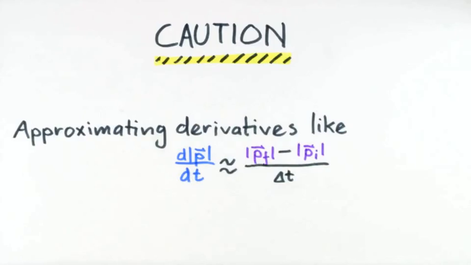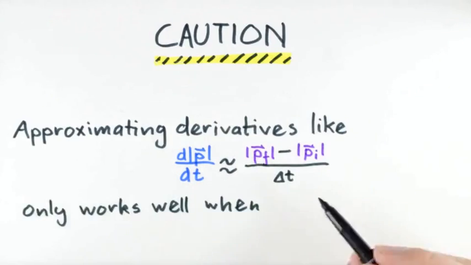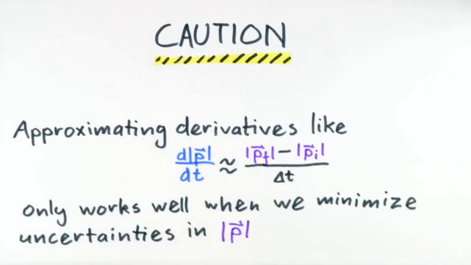Differences between quantities that are nearly identical are sensitive to uncertainties, so that if the observations have significant uncertainties, then our estimates of derivatives, which are done approximately by the delta of that quantity divided by delta t, may not be very good. In this problem, we used synthetic data that was carefully generated to minimize uncertainties.